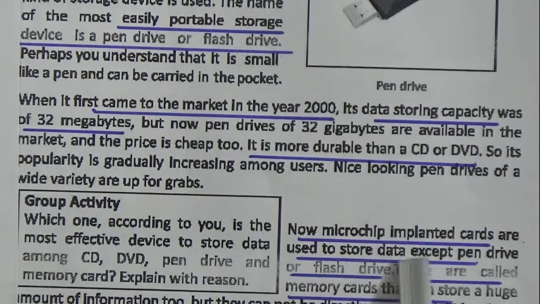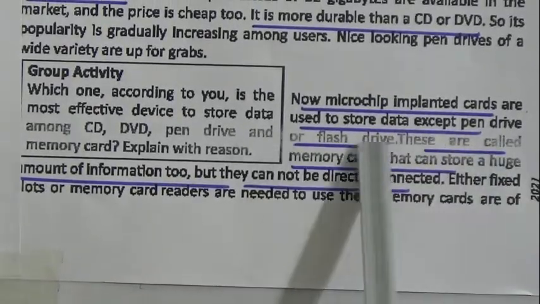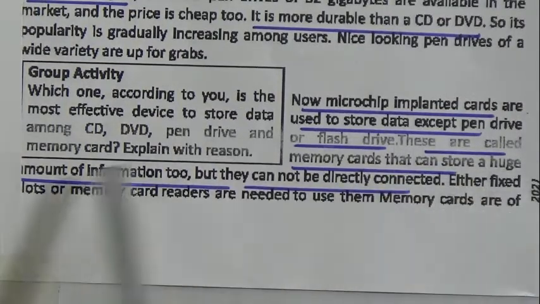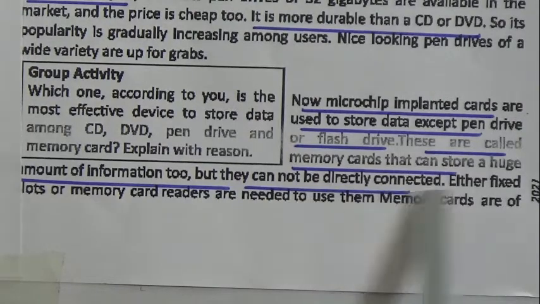Now, microchip implanted cards are used to store data other than pen drives or flash drives. These are called memory cards that can store a huge amount of information too, but they cannot be directly connected.